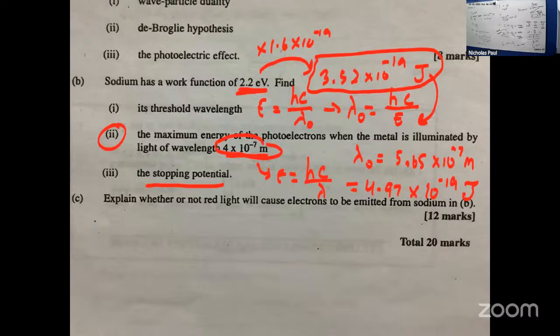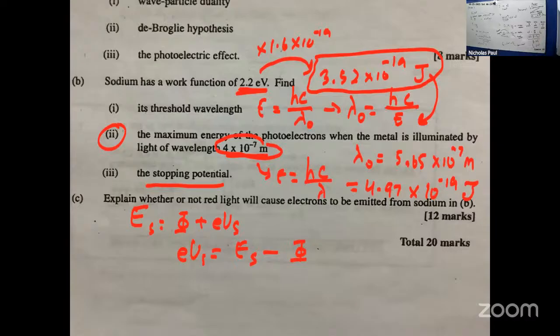How are we finding it? Remember, I told you the formula for kinetic energy could be varied. So we're using energy supplied is equal to the work function plus EVS. So EVS will be energy supplied minus the work function. That's the formula I told you at the beginning of the class, remember?